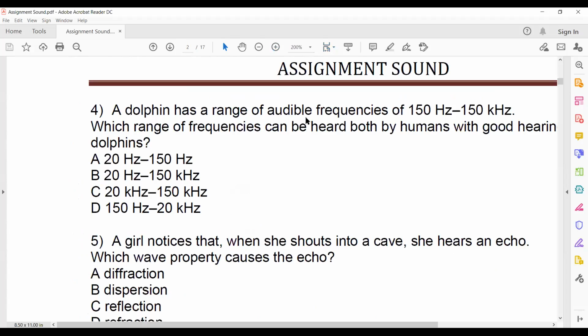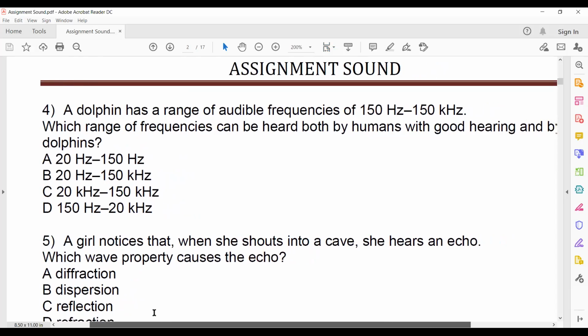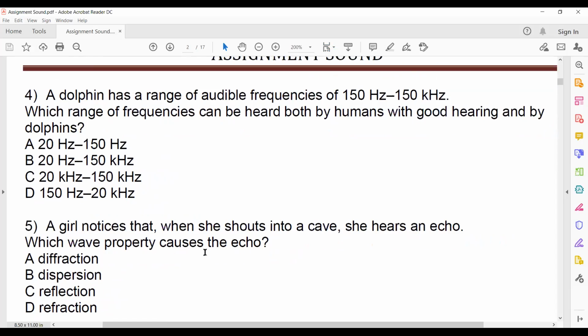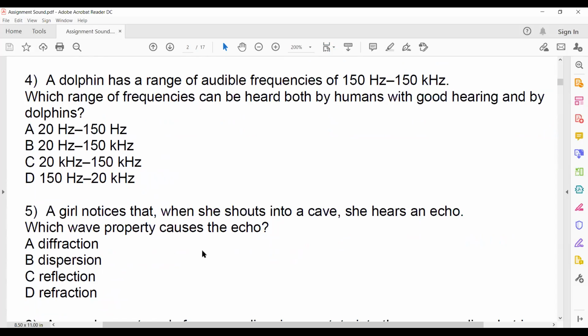Question 4. A dolphin has an audible range of 150 hertz to 150 kilohertz, which can be heard by both a human with good hearing and dolphins.